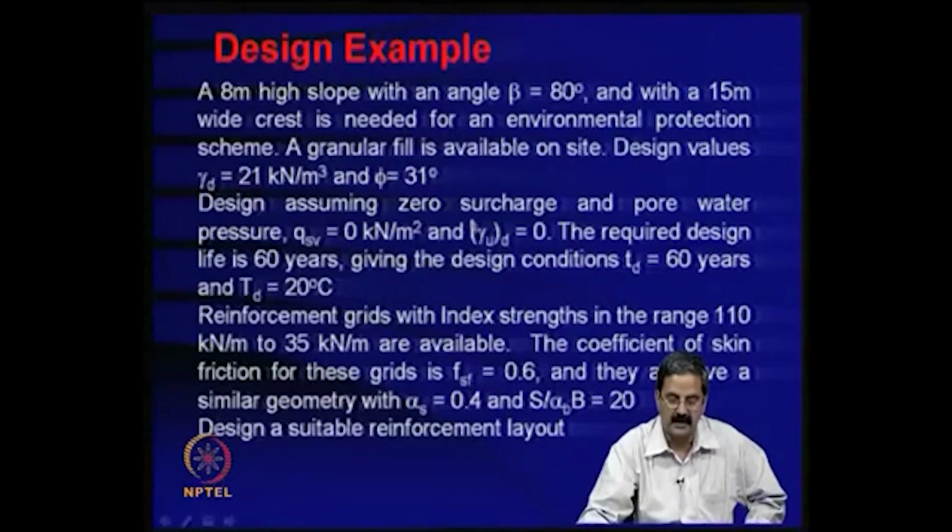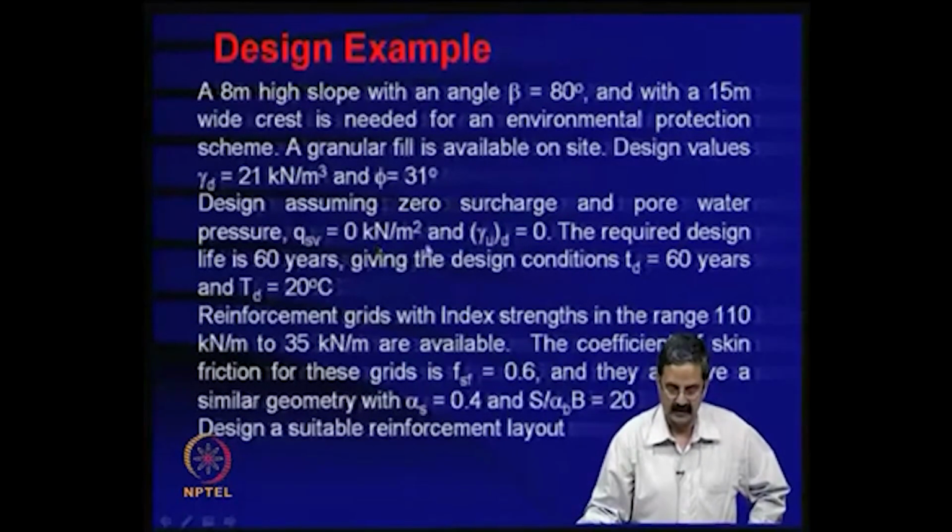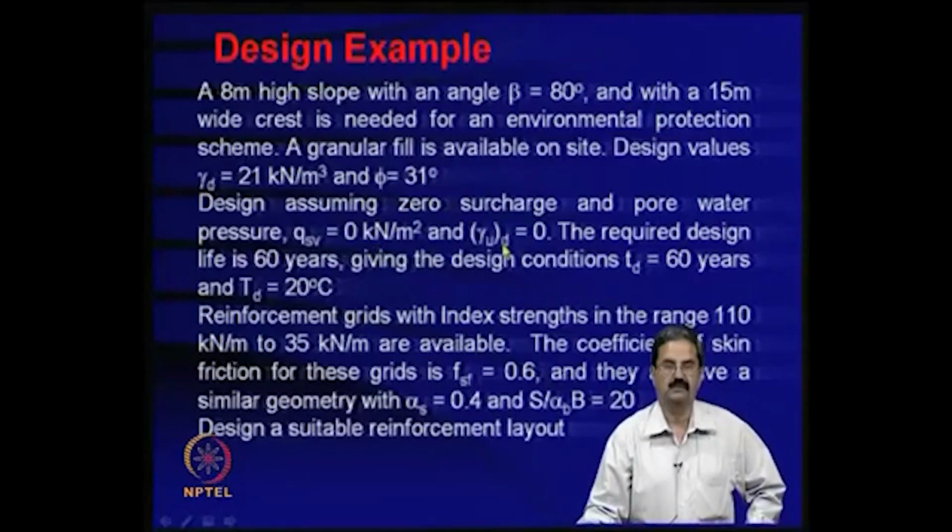Now, design assuming zero surcharge and pore pressure. Okay. So, surcharge is not there, and pore pressure coefficient is also 0. These two things are very important actually. You have a simple equation to say, for example, if there is some surcharge applied, you can convert it into an equivalent height.